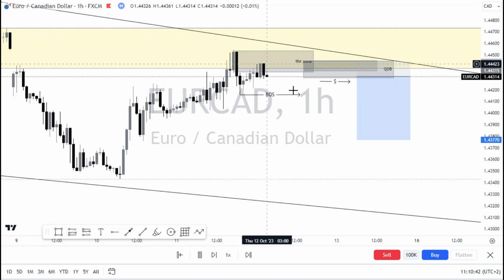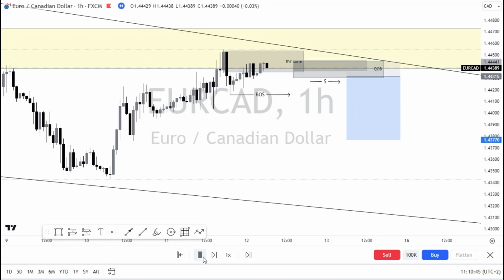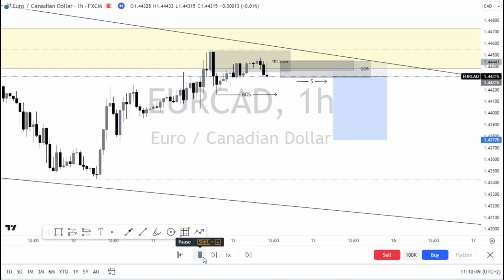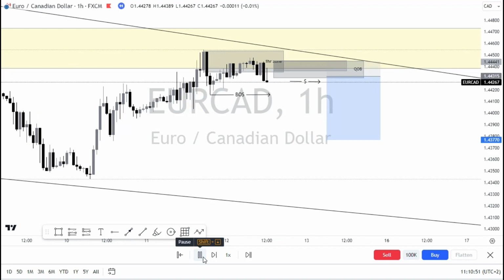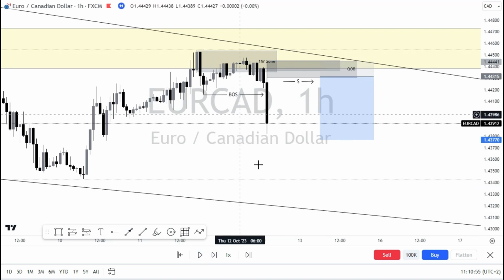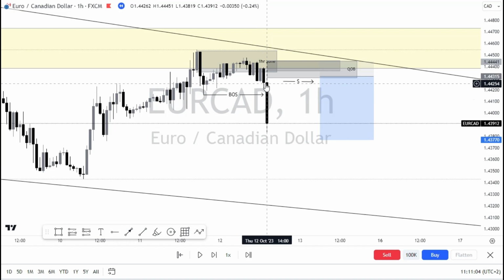The market created this low over here. It went into the zone. Just wait a bit. The market is consolidating in the 1-hour zone, and boom, it broke the structure. This was a valid break of structure.